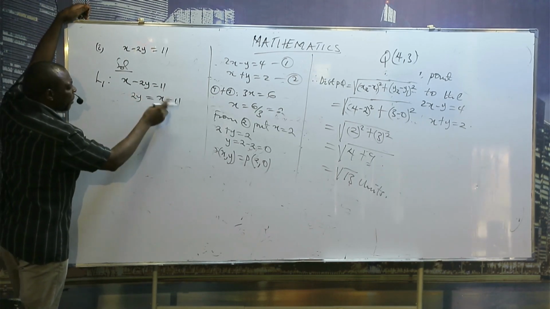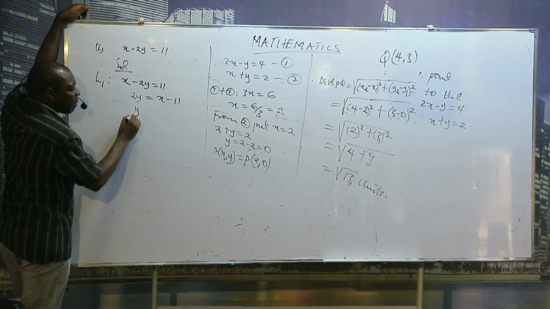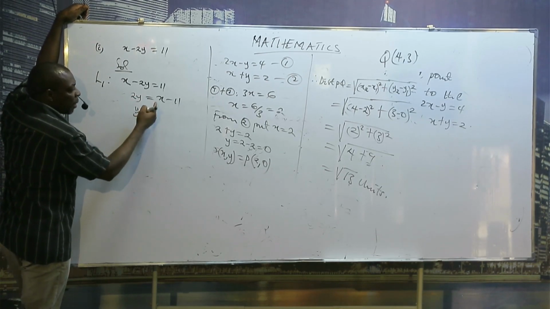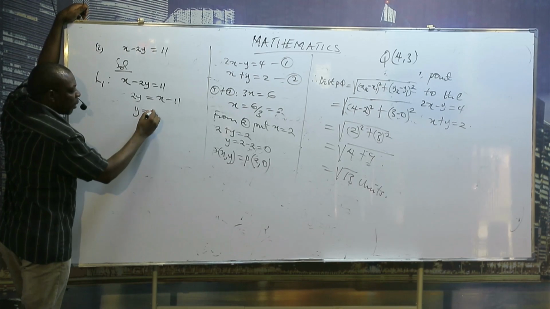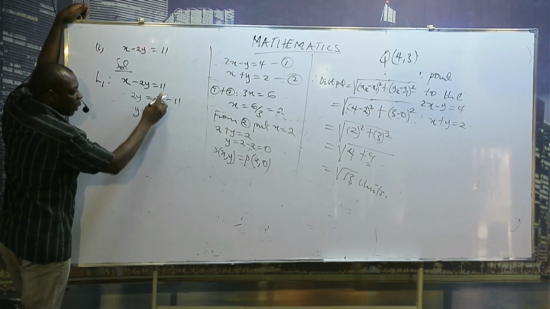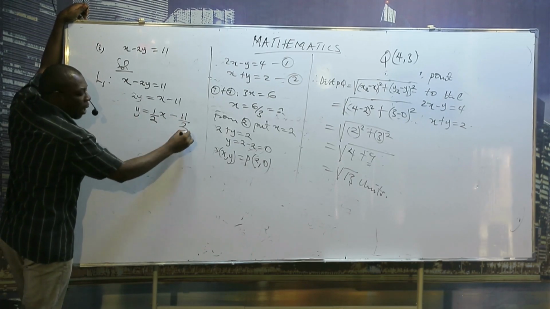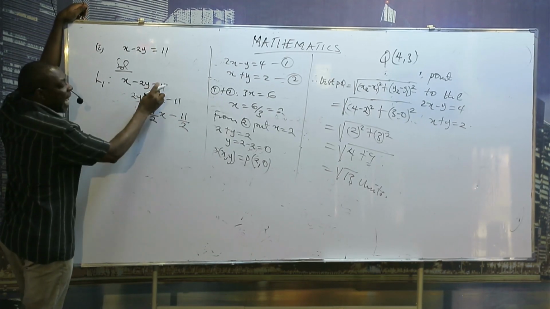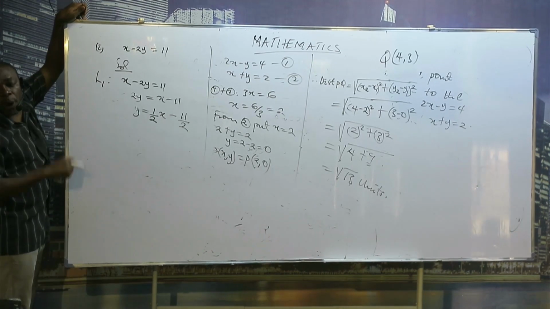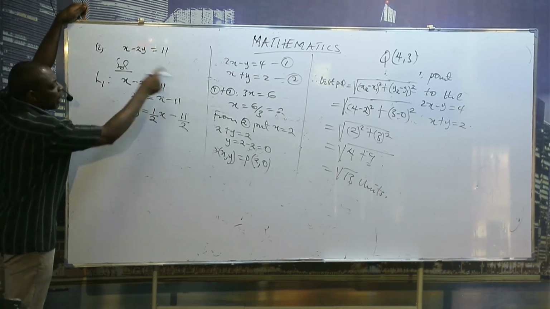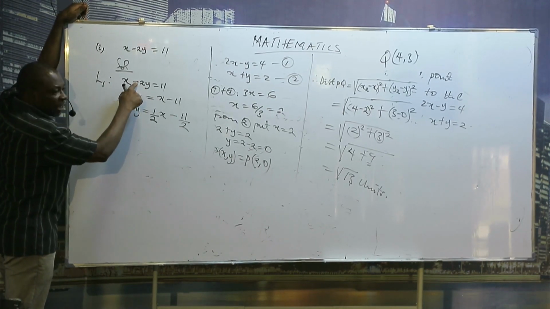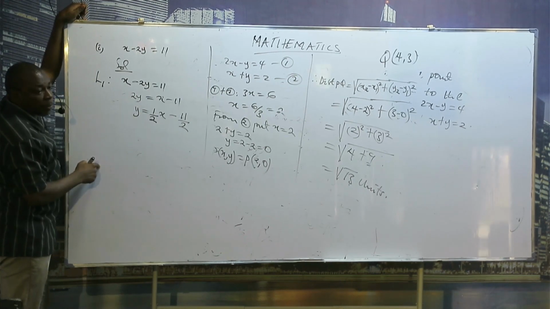So let me make y the subject of the formula. Y becomes, yes, 1 over 2 x minus 11 over 2. I said I am making y the subject of the formula. This one is crossing because your y is negative. Let it be positive.